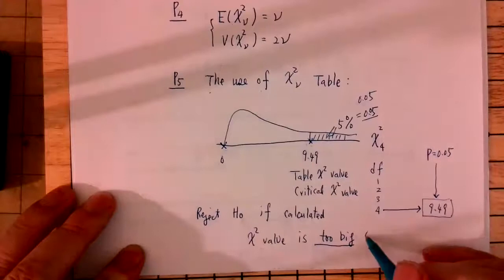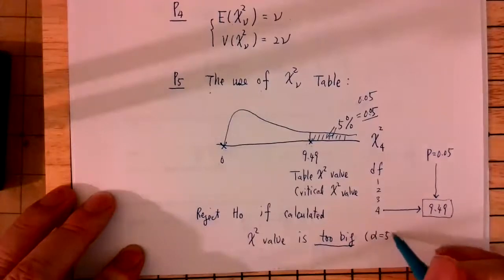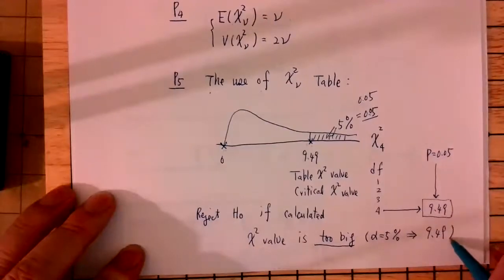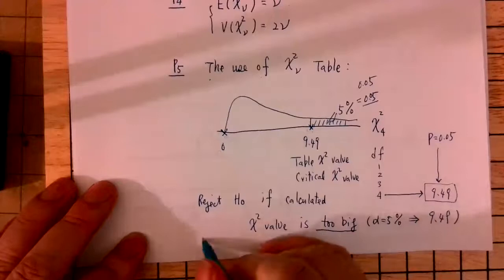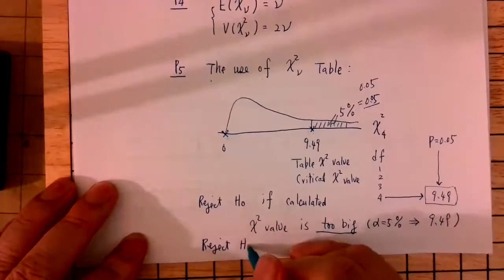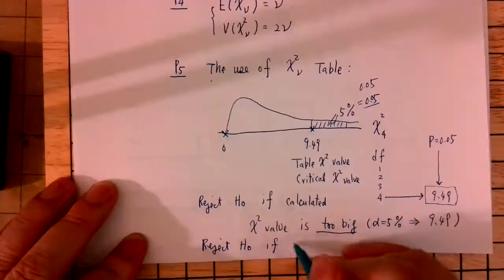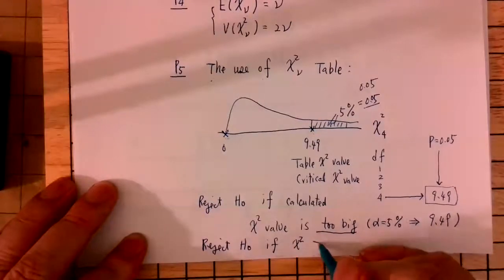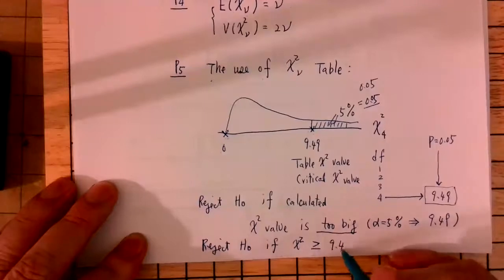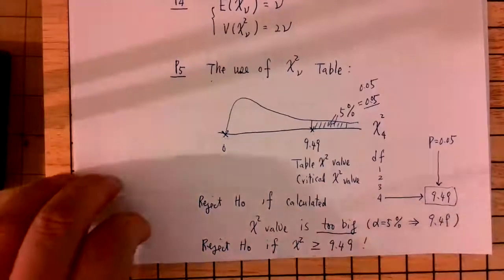Determined by alpha. When alpha equals 5%, this value is 9.49. So our decision becomes: we're going to reject H-naught if the chi-square value is greater than or equal to 9.49.